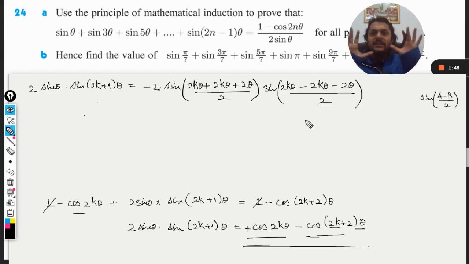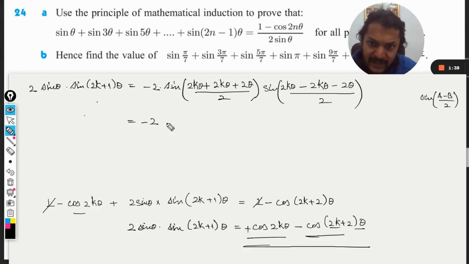So this is what I'm getting by applying that formula. So there is this negative sign here. Be very careful. Negative 2. So this 2 will be coming out.